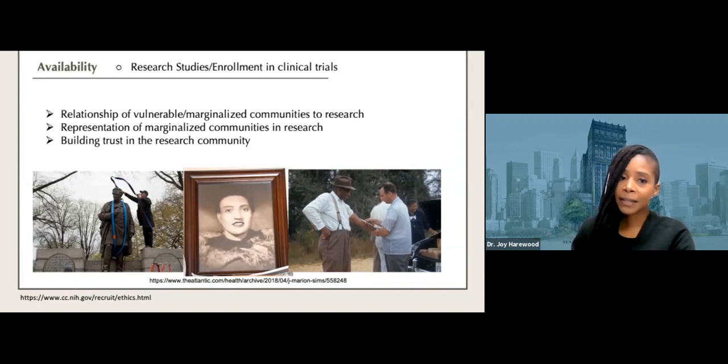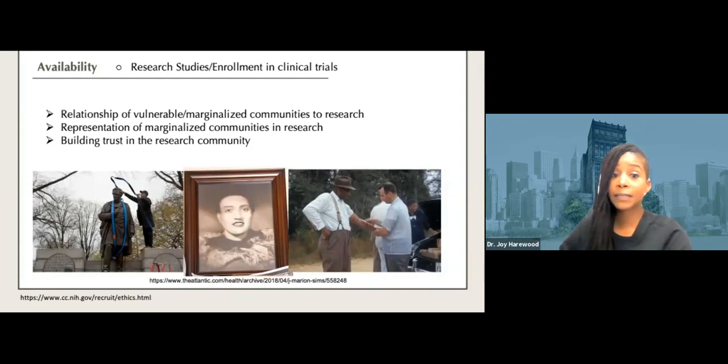So if you're recommending that a patient enter into a particular research study, or you're making a recommendation and the patient may or may not be comfortable with it, know the history and try to build a relationship such that there's a trust and that they don't think that you're going to do these type of things. Obviously, now there's many different things that have been put into place. So hopefully these things don't happen. But the perception being there is the barrier that we need to overcome.